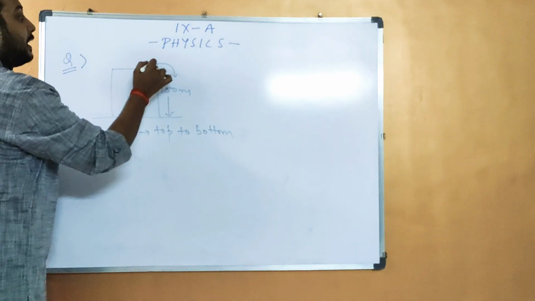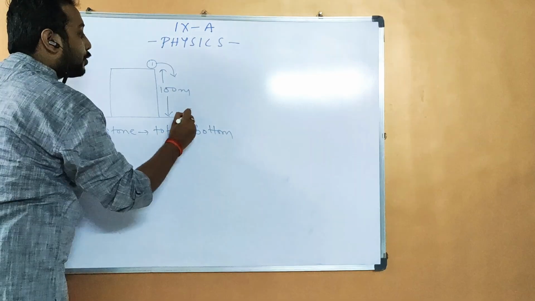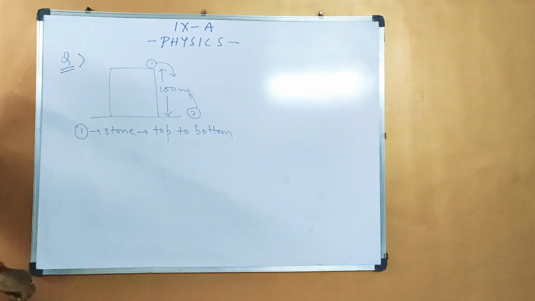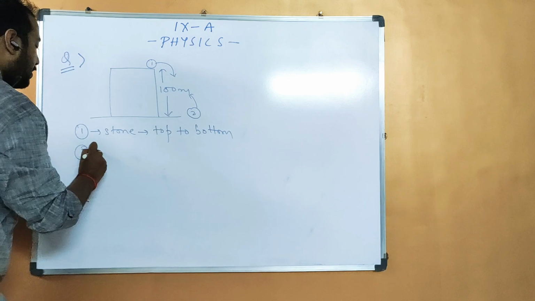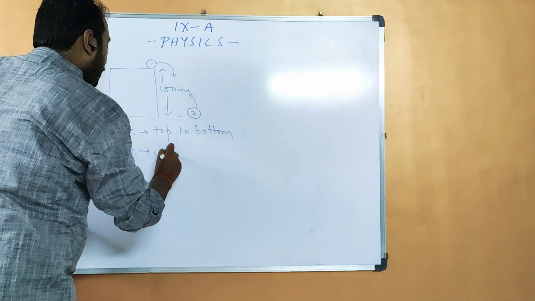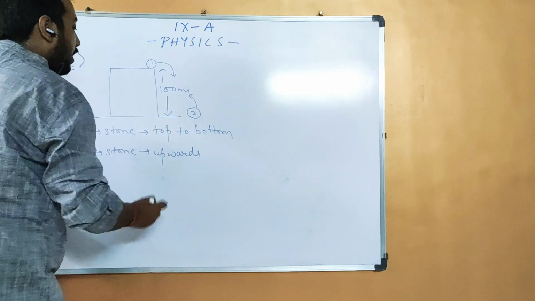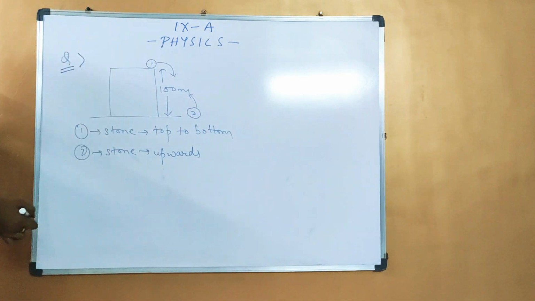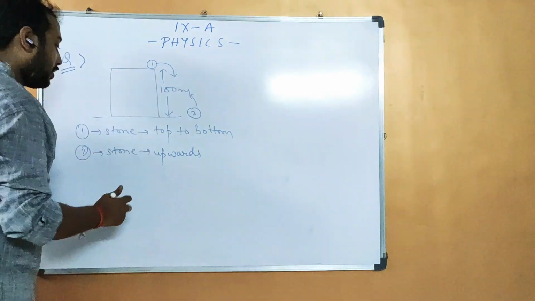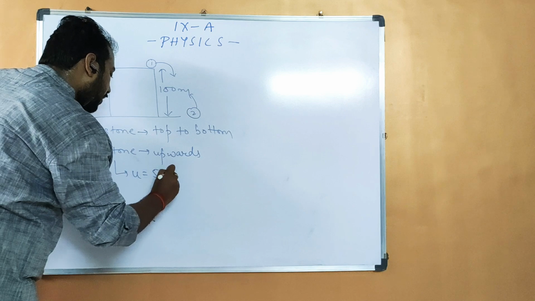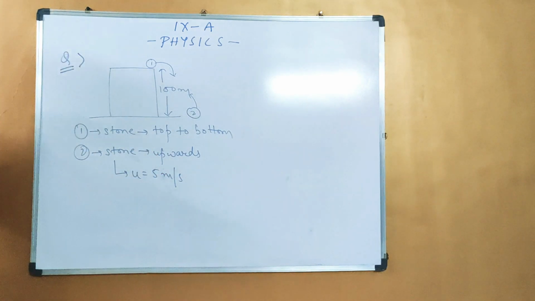At the same time, when the first stone was thrown, a second stone was thrown upwards. Because for throwing the body upwards we require an initial velocity, the second stone is thrown with initial velocity equal to 5 meter per second.